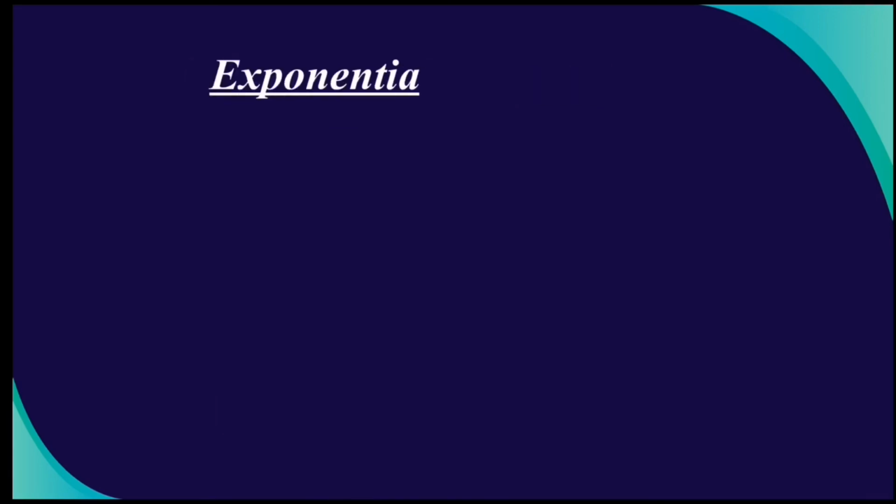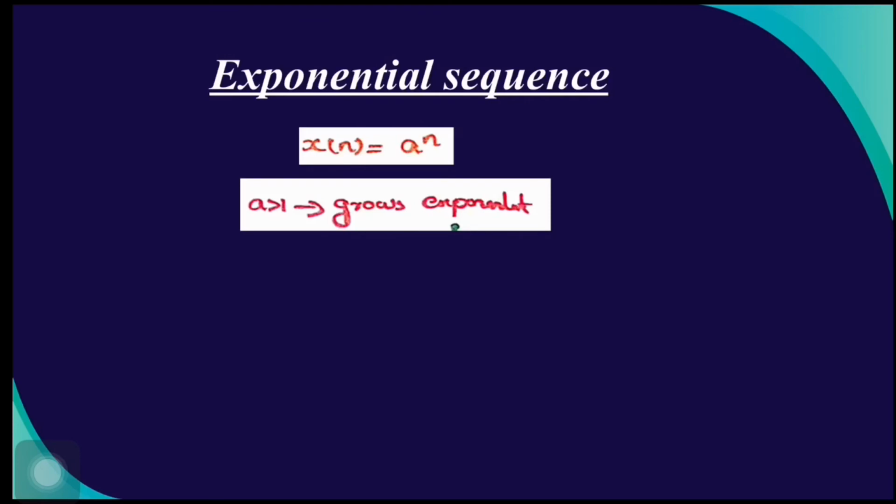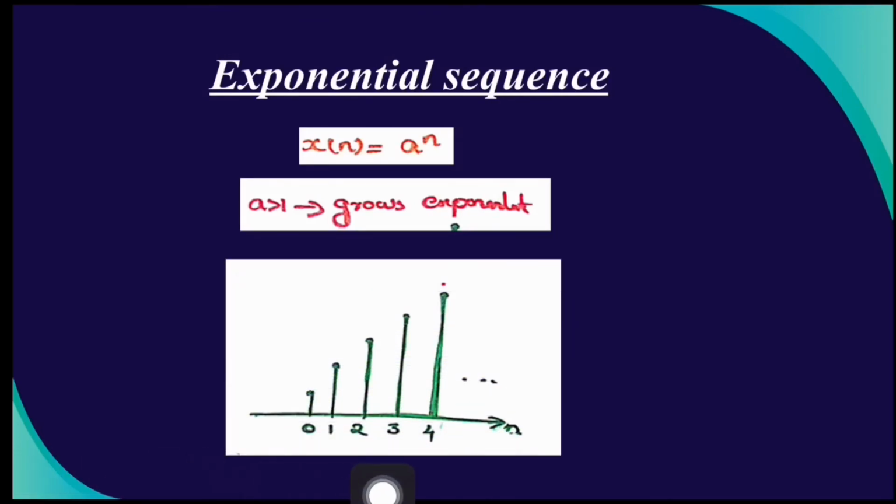Then we have exponential sequences, which are represented as x of n is equal to a raised to n, where a is a constant. Now we are going to plot x of n for different values of a. If a is greater than 1, it's a growing exponential which looks like this. You can see as the value of n increases, its amplitude grows exponentially.